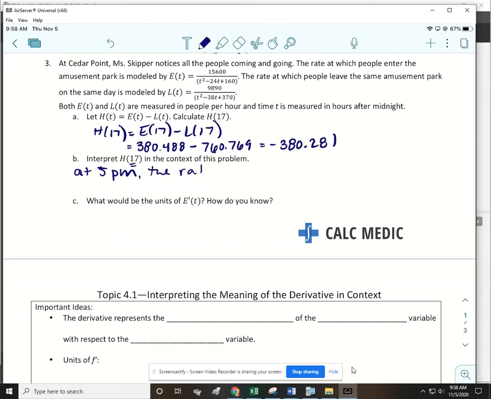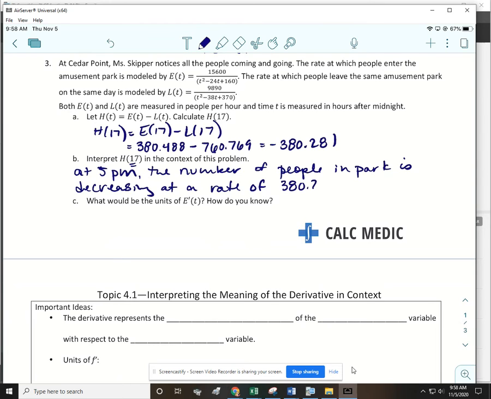No, we're going to say the number of people in the park, not entering and not exiting, just the total number of people in the park is, since it's negative, going to be decreasing at a rate of 380.281 people per hour.